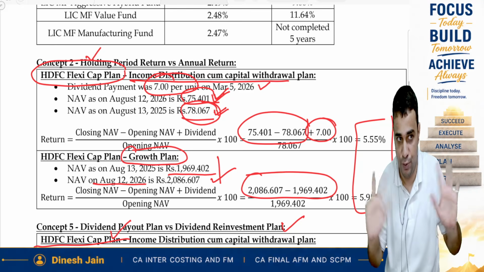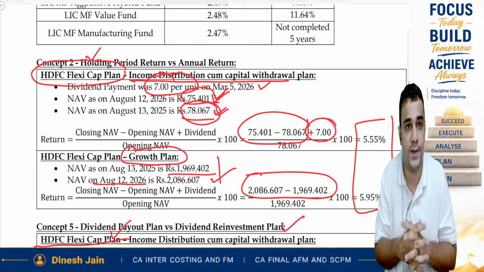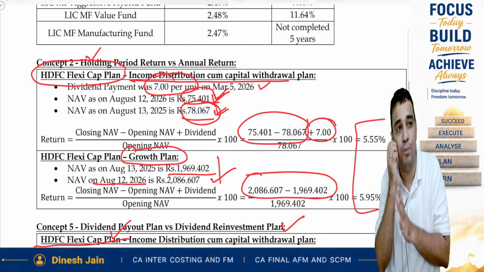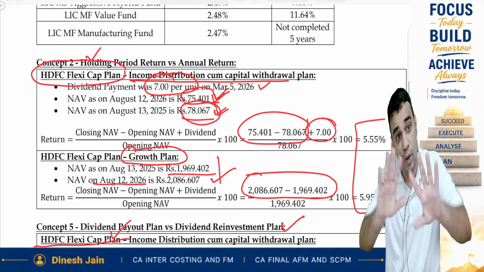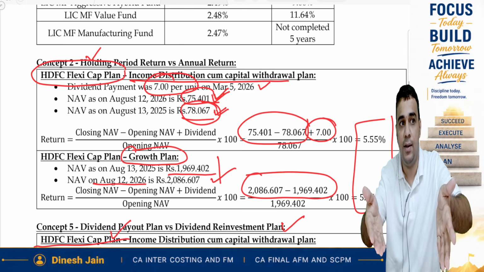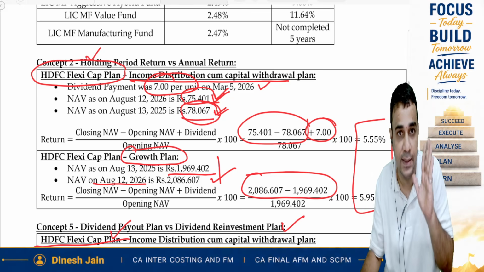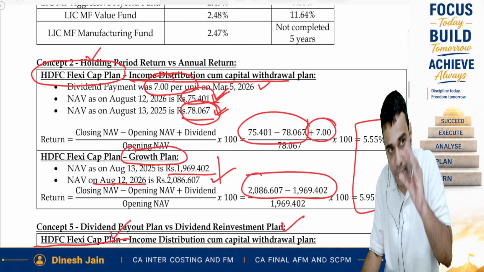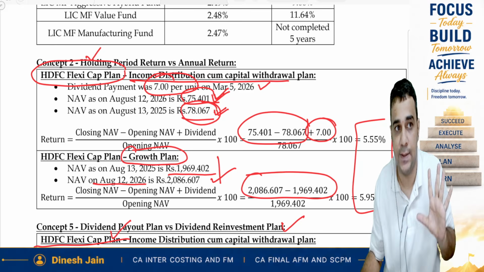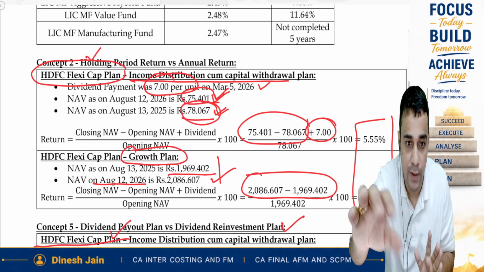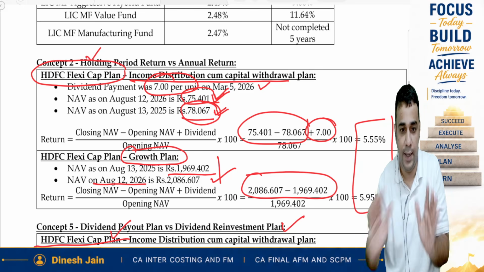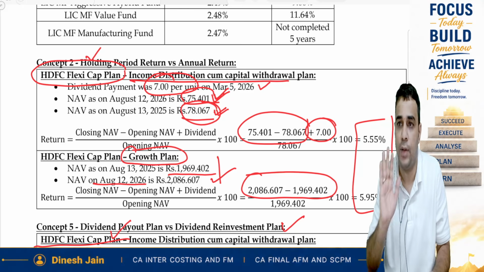I have not explained it, and I need some more time to explain that, because I have not come to that concept, because I have not told you how NAV is calculated. Once I explain how NAV is calculated, you will understand why it is different on the same day for the three plans. So I will come back to your doubt later.